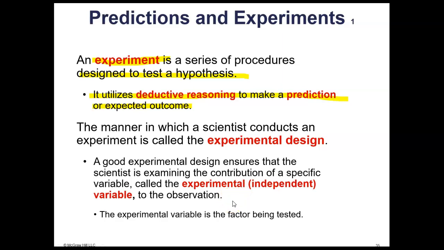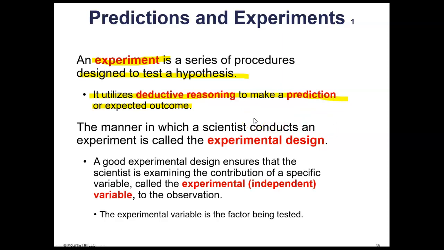And so the dependent variable here would be the growth of bacteria. You would measure how many colonies of bacteria that you could see growing on the petri dishes. And your prediction is what you think is going to happen after you design your experiment. So you are going to predict that there will be less bacterial growth on the petri dish that contains the penicillium, and more growth on the dish that doesn't contain the penicillium.